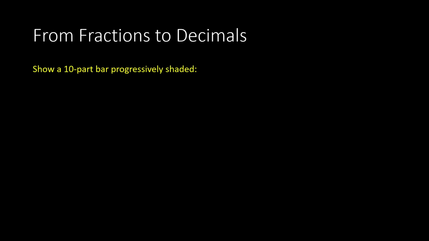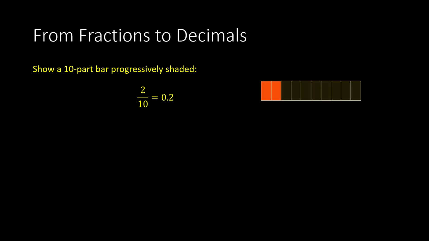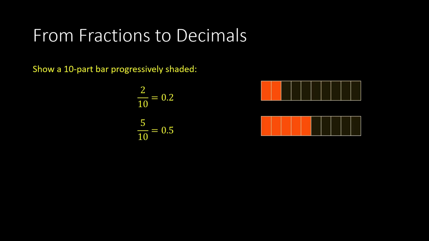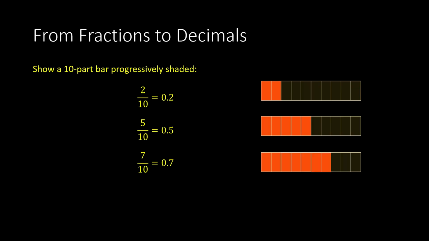We will now show a 10-part bar progressively shaded. So 2/10 equals 0.2, and it will look something like this. 5/10 is 0.5, and that will look something like this. 5 parts shaded out of 10. 7/10 equals 0.7, and that's the same as shading 7 parts out of 10.